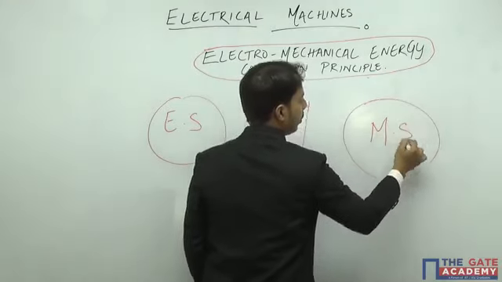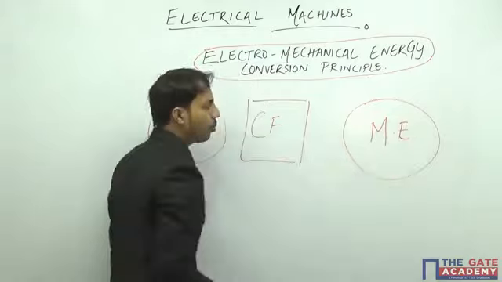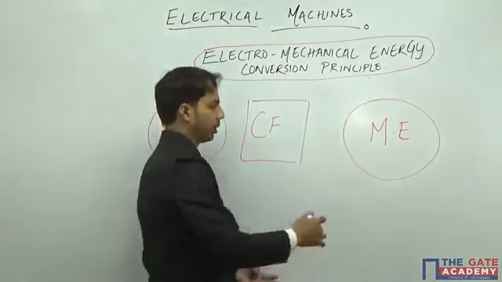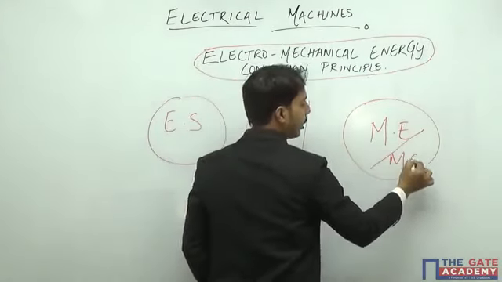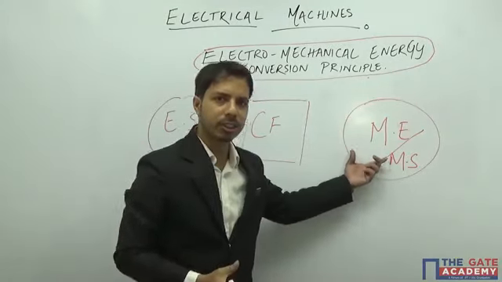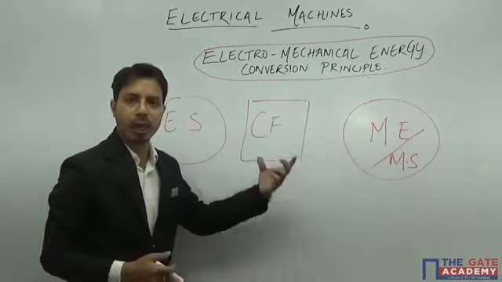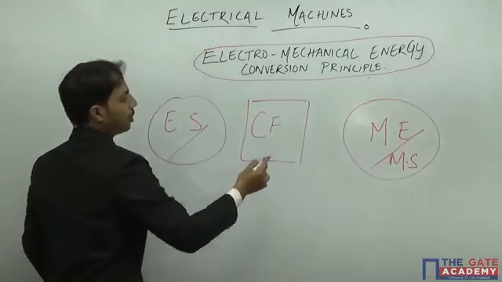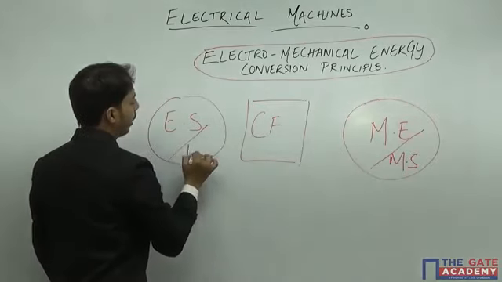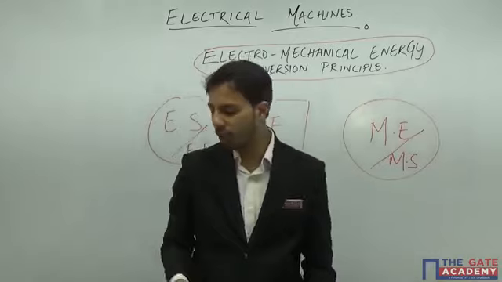One more thing: if I have a mechanical system and I want the energy of the mechanical system to change into electrical energy, the same coupling field will help me to change this mechanical energy to electrical energy. Okay, so this is what we have learned.